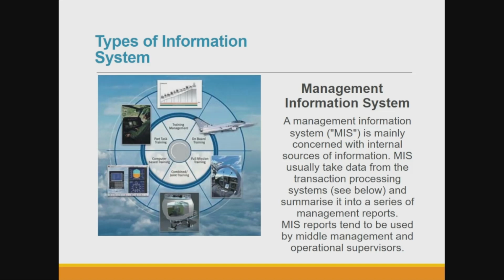They take the data and try to analyze and summarize it into a series of management reports. From the MIS report, it is used by the middle management and the operational supervisor. So the report is used for the manager to identify what's going on right now.